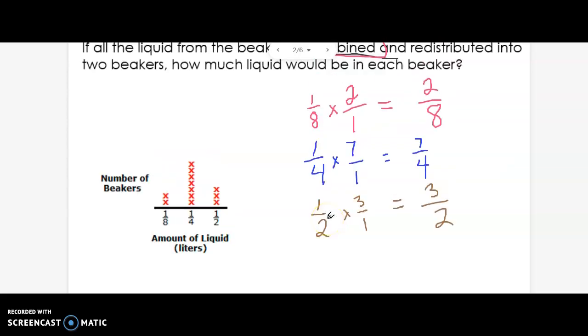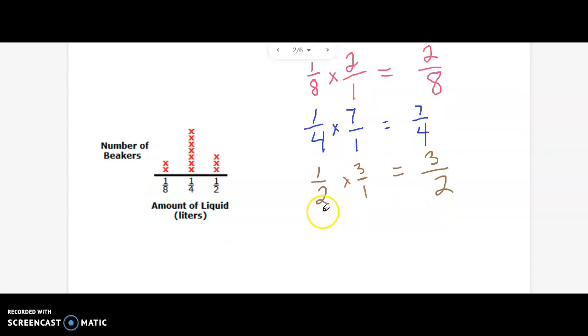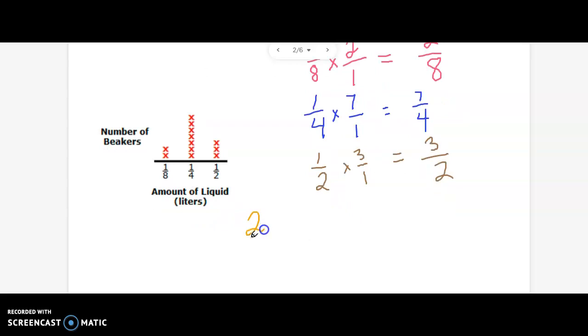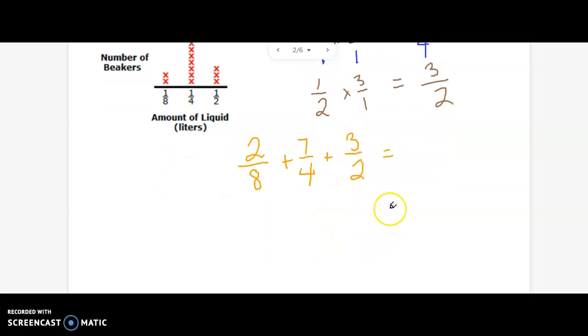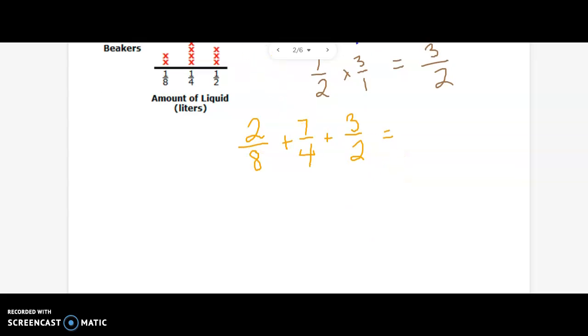Now I'm going to add them together. We have to keep in mind what we know about multiplying fractions in that part, and in the next part, what we remember about adding fractions: 2/8 plus 7/4 plus 3 over 2. I know that when I add fractions together, I have to have the same denominator. So I have to find the least common denominator, the LCD.